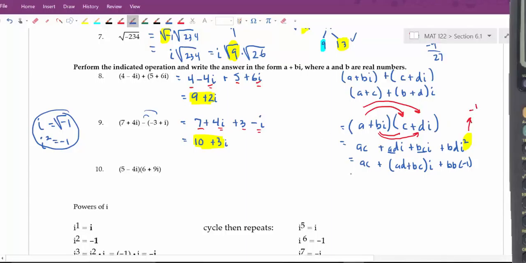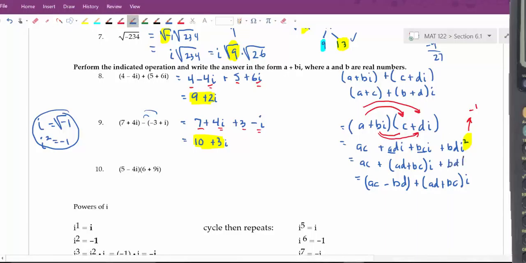Okay, so you would end up having AC, and that's supposed to be a BD there. This whole thing would be minus BD. That would be the real part, and then the imaginary part would be AD plus BC times i. Okay, so that is how you define multiplication of complex numbers.